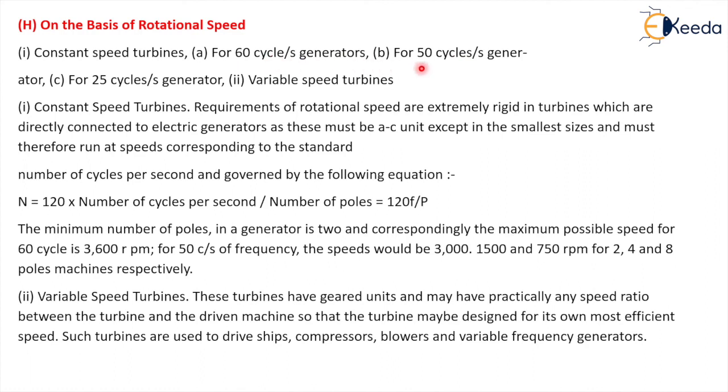In India, we are using 50 Hertz frequency turbines, and in America, 60 Hertz frequency turbine generators are used. How this is calculated, you know very well. N is equal to 120 into number of cycles per second divided by number of poles, N = 120 F / P. From this formula, we can calculate the frequency for a generator. This is a constant speed turbine.